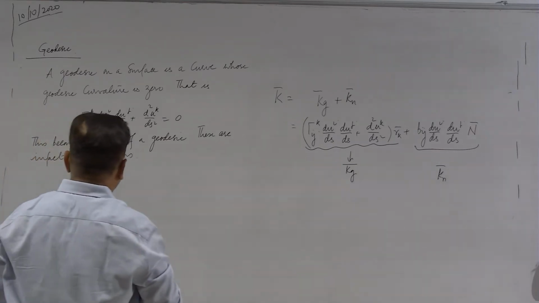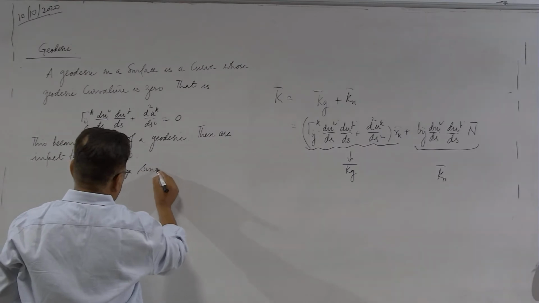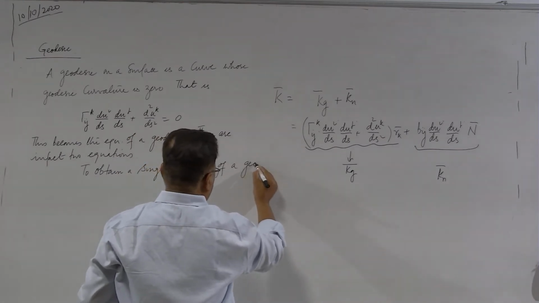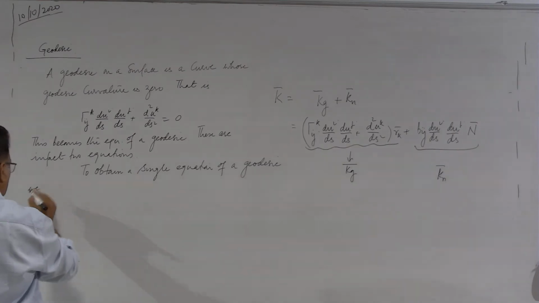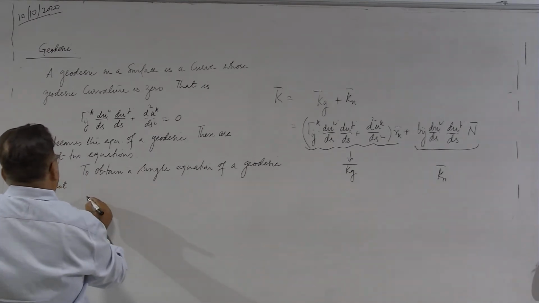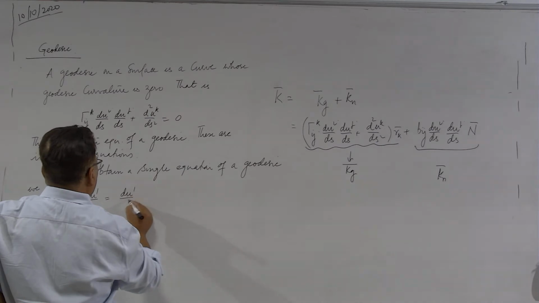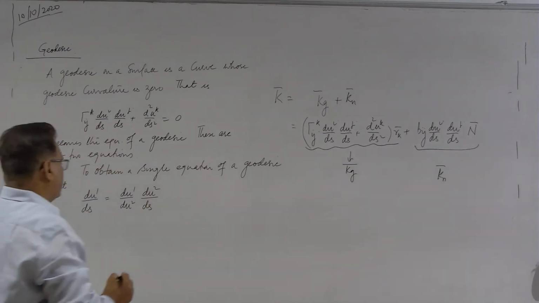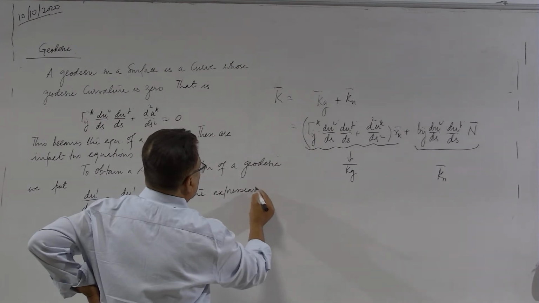So, what we do to obtain a single equation of a geodesic, we put du1 upon ds equal to du1 upon du2 into du2 over ds in the expression of Kg, which you remember.